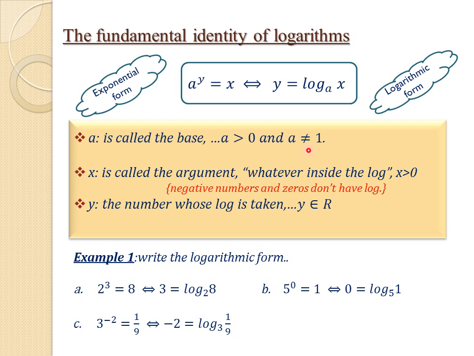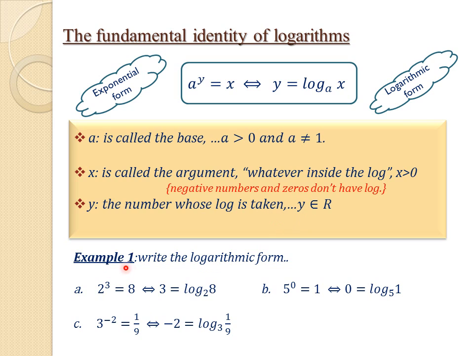This is an important condition about a. About x, we call it the argument. This argument means the value inside the logarithm, and it has to be positive. It cannot be negative, it cannot be 0. y is the number whose logarithm is taken, and it has to be a real value.